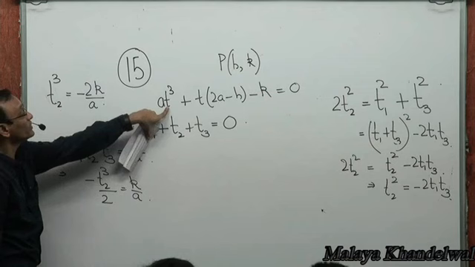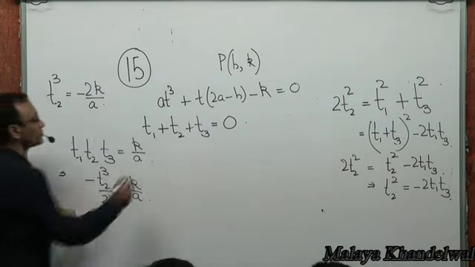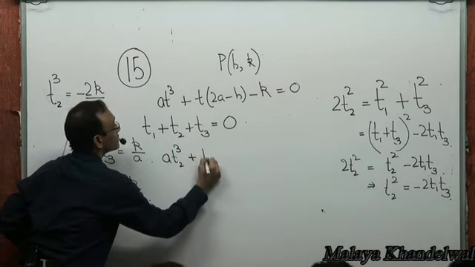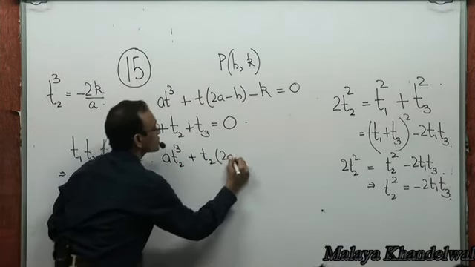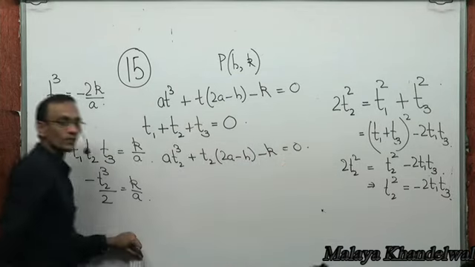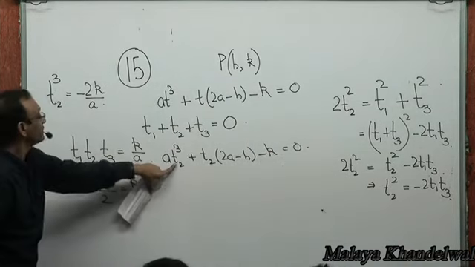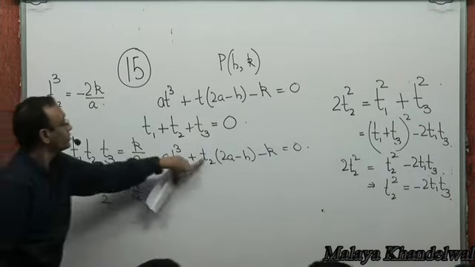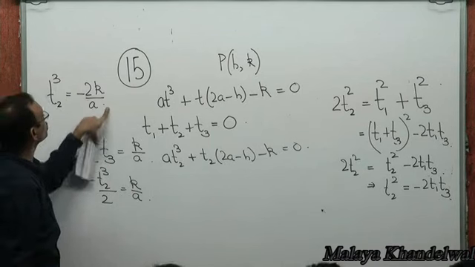So this T2 cubed plus T2 into 2A minus H minus K is 0. Plug in T2 as minus 2K by A cube root.